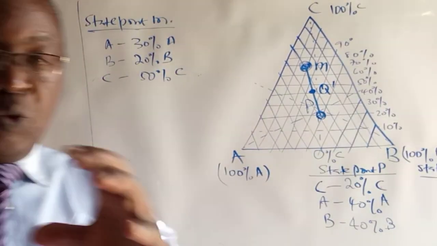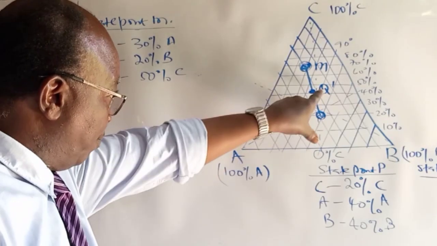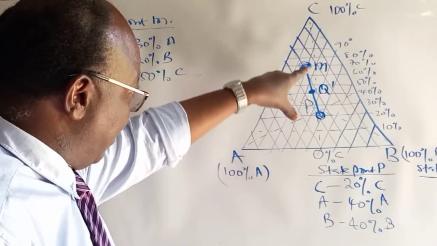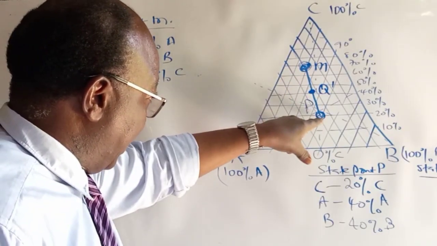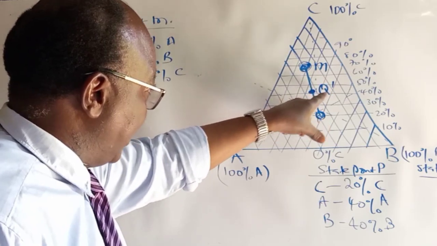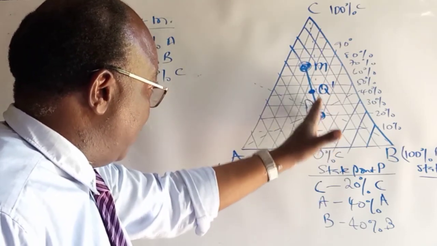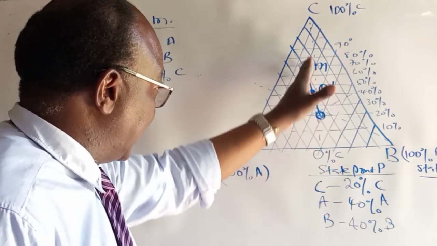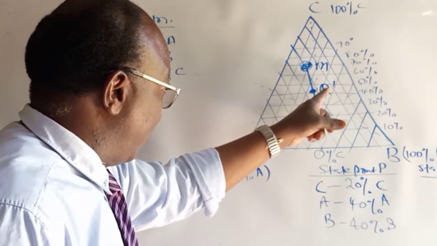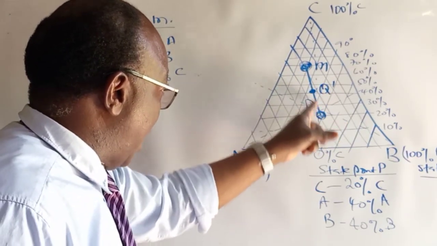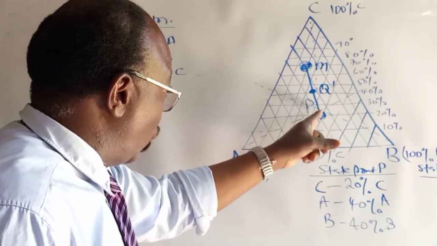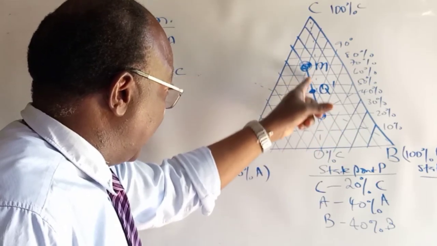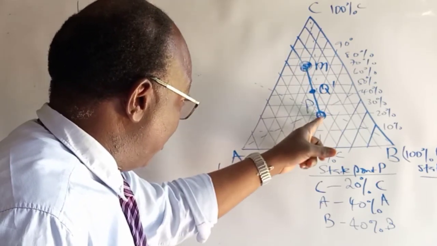Now, the important point to note there is that if there's a state point, Q prime, lying between state points M and P, then the value of that Q must be a composition on this line here. The value of the composition of that state point will be a composition on some point in this particular line, MP.